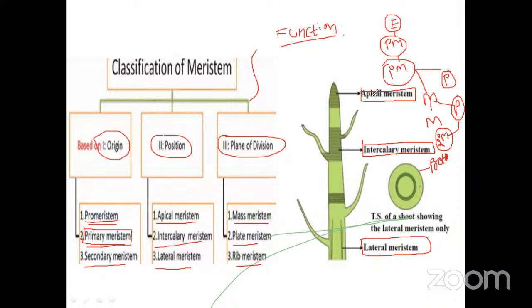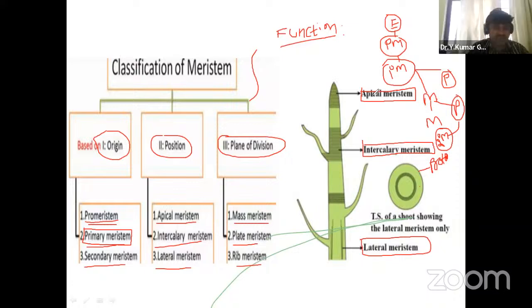While the division takes place, some of the meristematic cells or tissue differentiate into some portions and are deposited there. Some migrate toward the apex and settle in the apical meristem. Some are in nodes and internodes, settled as intercalary. Some are in the vascular bundle; they are lateral meristem. So first, let me complete apical meristem.